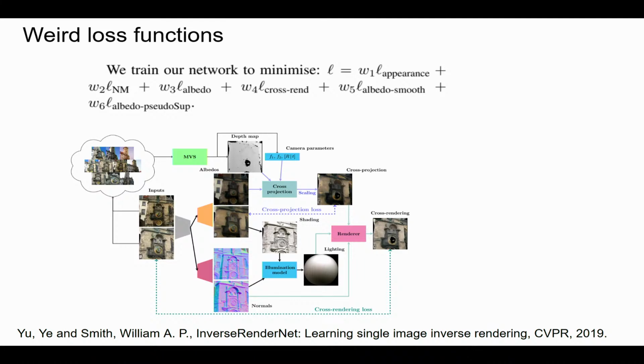In this case, the network tries to predict colors, so like the real colors of the surface of the objects in the real world without illumination. Then it tries to predict illumination, so like the direction from where the sun is shining, and also the geometry, the normals.